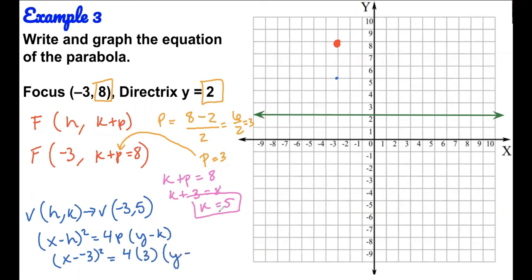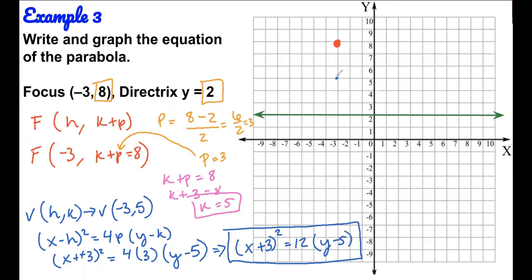And Y minus 5. All right, let me simplify one last time. Minus a negative is a positive. So we have X plus 3 squared equals 12 times Y minus 5. And that's our equation. So we wrote the equation, and now we can go ahead and graph.